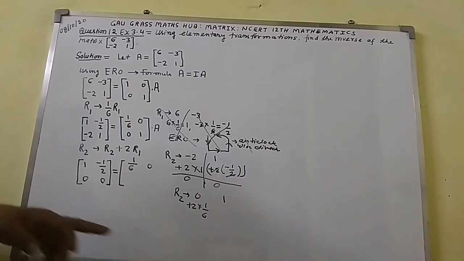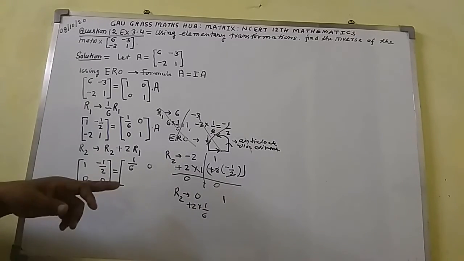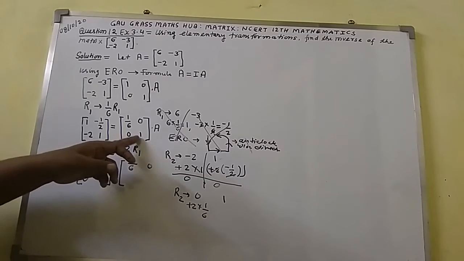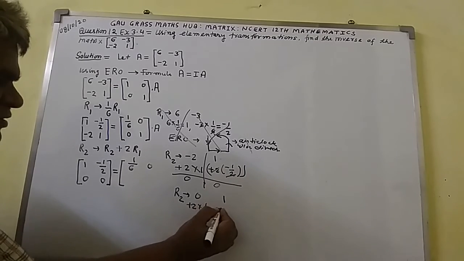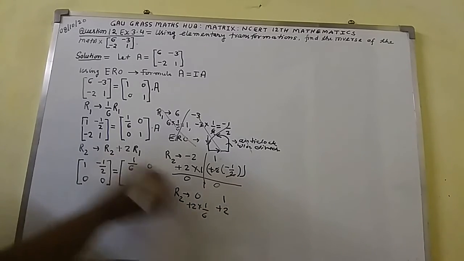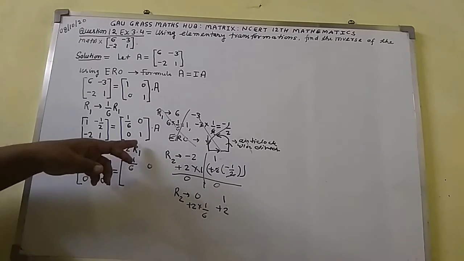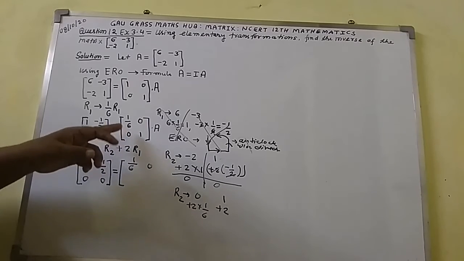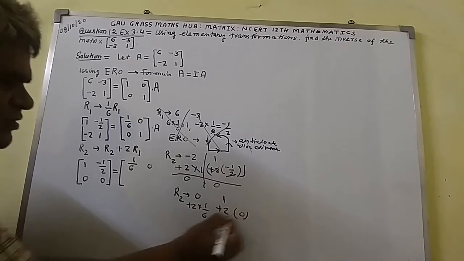And here you can see this is R2. R2 here 1, it is written, plus this 2 will be written here. R1, the respective element of 1 in the row R1 is 0 here, so write 0 will multiply.